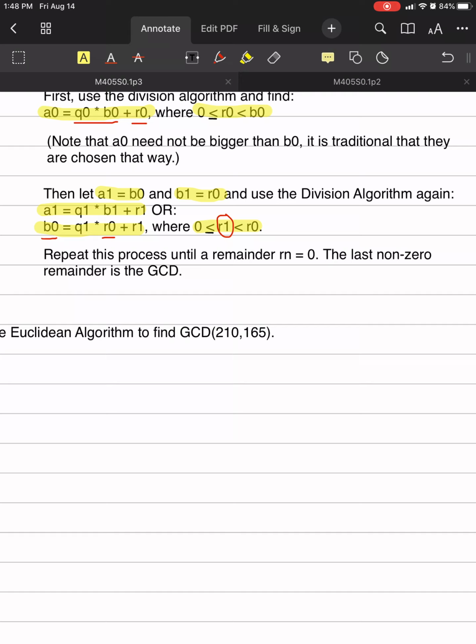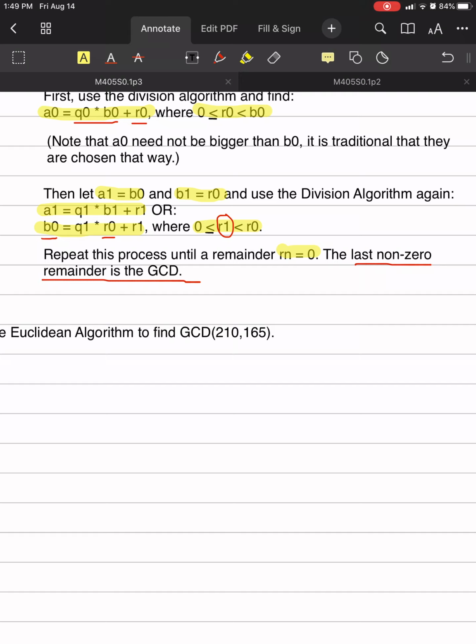And what you do with that knowledge is you just repeat the process. Eventually, your remainder is going to get to 0. Once you have that remainder as 0, the last non-zero remainder is the GCD. So here, the way I've written this, r sub n equals 0.